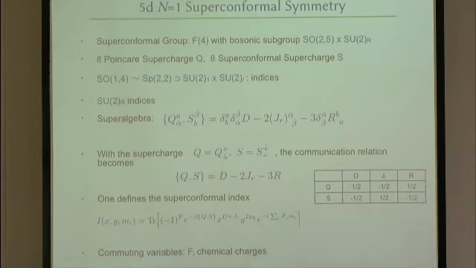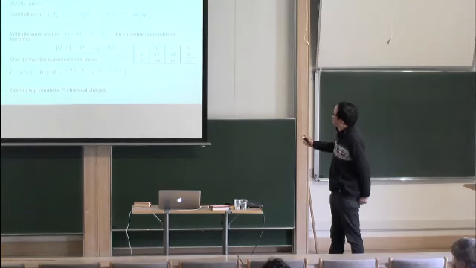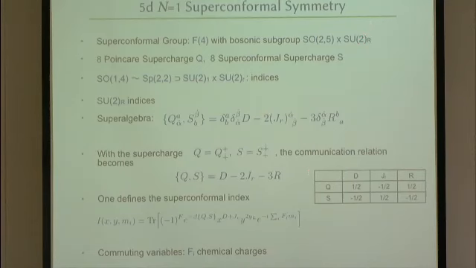It is made of 8 Poincare supercharges and 8 superconformal supercharges, and the superalgebra satisfies these commutation relations. Especially, looking at the spatial Lorentz transformation, we can see the spatial rotation is SO(4), which is made of SU(2) cross SU(2), and in some sense we are pairing one of the SU(2)s with the SU(2)_R symmetry. So we are choosing a supercharge which carries both one of the SU(2) spatial indices and the R charge index.